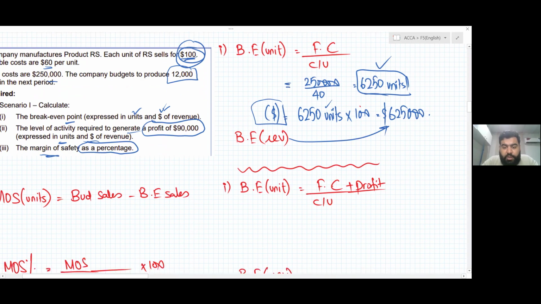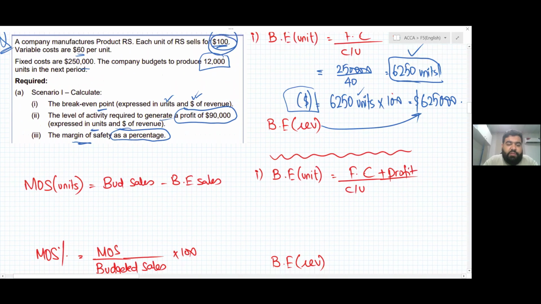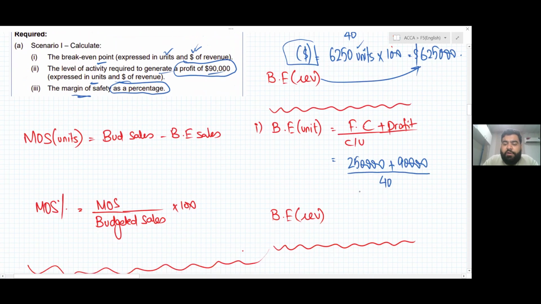Okay. Now the second part is with the profit. If they want to earn 90,000 profit, simple. Fixed cost 250,000 plus profit 90,000, divided by contribution per unit, again the same 40. So now it's 340,000 divided by 40, which will be 8,500 units.